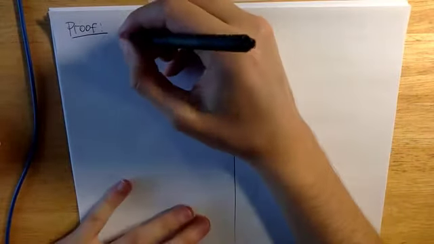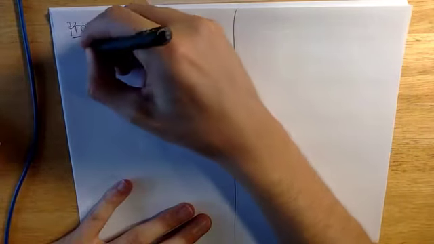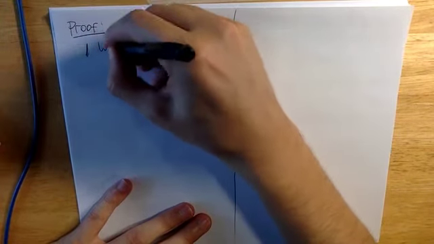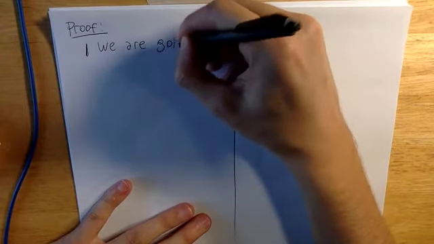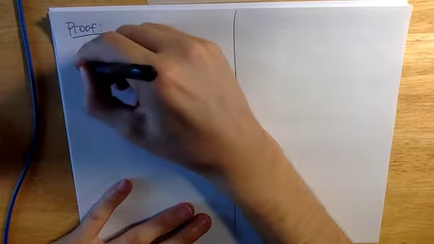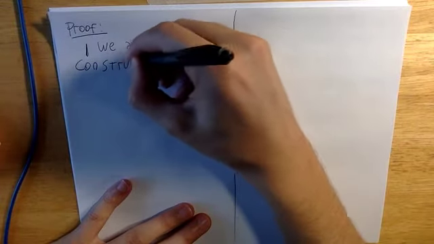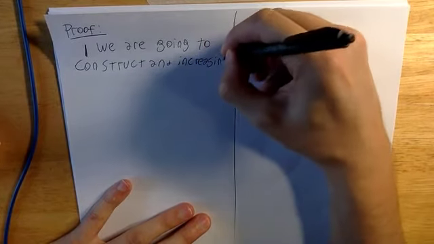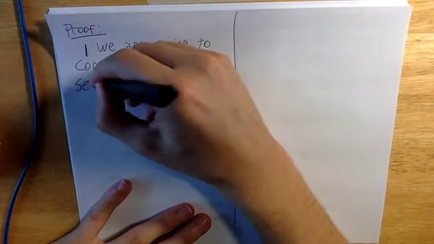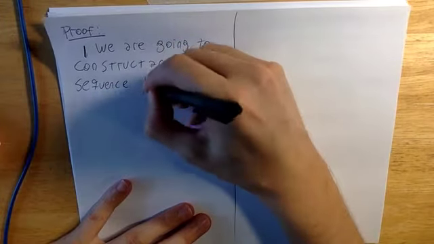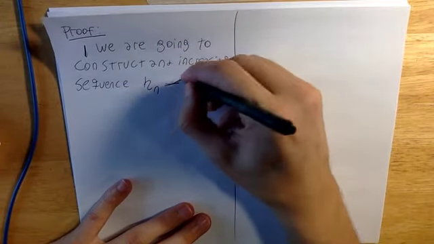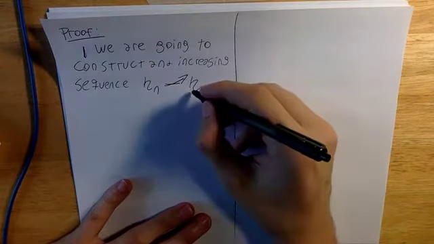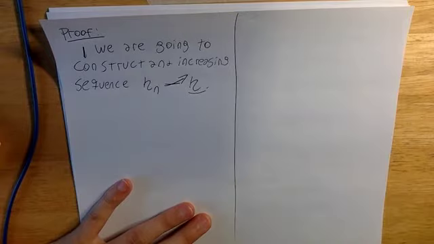Okay, so what we are going to do is construct an increasing sequence eta_n that converges up to eta, and we are going to show that eta has to satisfy the right equation.